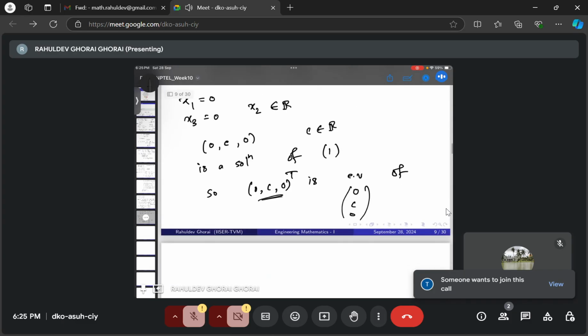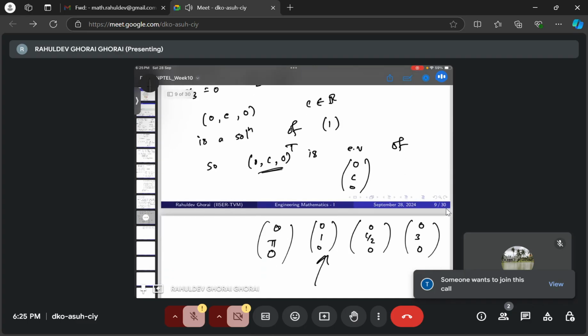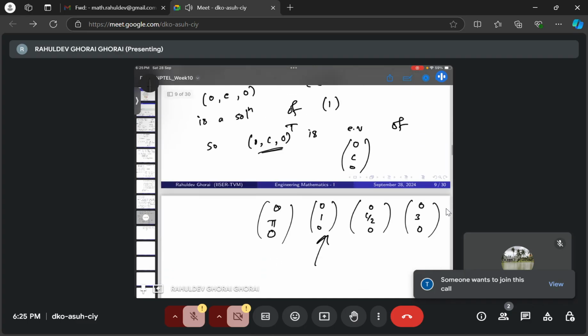We usually write the transpose, and the eigenvector as (0, 1, 0), but (0, half, 0), (0, 3, 0) and (0, pi, 0) are also eigenvectors. If you say just (0, 1, 0) corresponding to lambda, that is enough, because all of them are linearly dependent: one can be written as a scalar multiple of another.